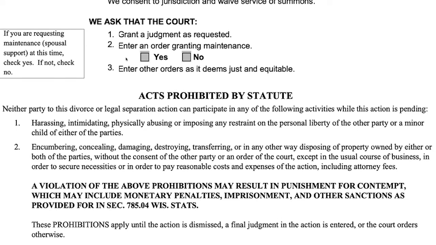But you need to ask in the beginning. It's tougher to come back later and ask for spousal support if you just didn't even bother in your initial petition. And then third, finally, enter other orders as the court deems just and equitable.